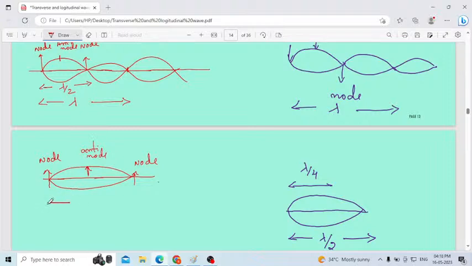The distance between the two nodes is lambda by 2. Then the distance between the node and antinode is lambda divided by 4. How did you get lambda by 4? Lambda by 2 divided by 2. Lambda by 2 into 1 by 2, you will get lambda by 4. Half of lambda by 2 is nothing but lambda divided by 4.